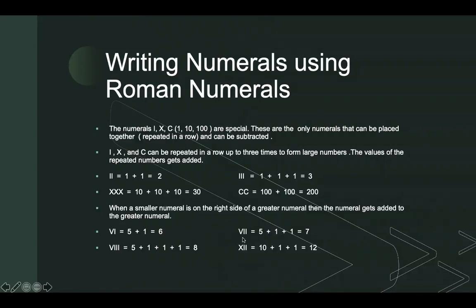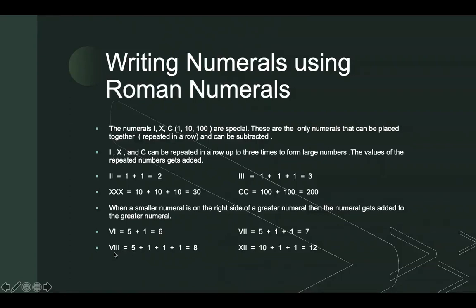Next is VII. What is the value of V? 5. Then we add plus 1 plus 1 and we get 7. So this is the symbol for 7. Next is VIII. The value of V is 5.